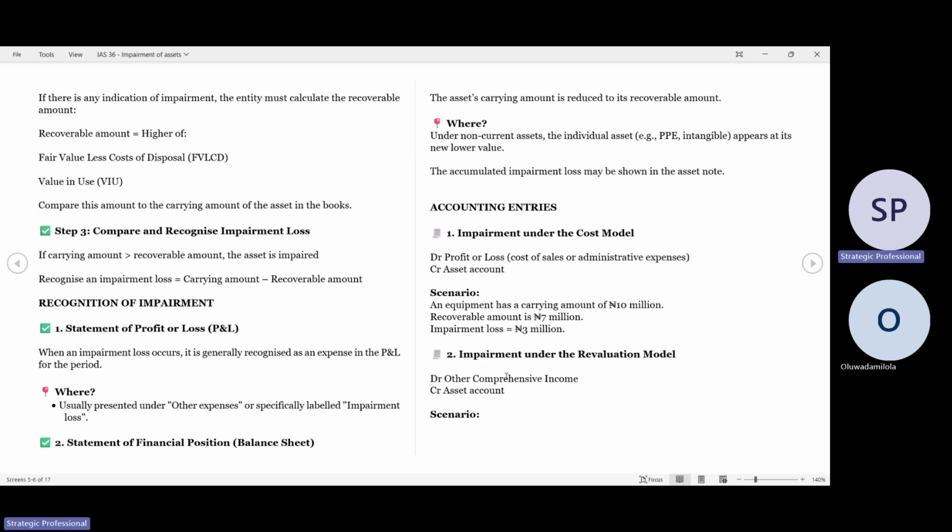Then, after you've done that, you compare it with your carrying amount. If your carrying amount is more than your recoverable amount, it means your asset has been impaired. What it means is that your asset value is overstated. Then you recognize your impairment loss.